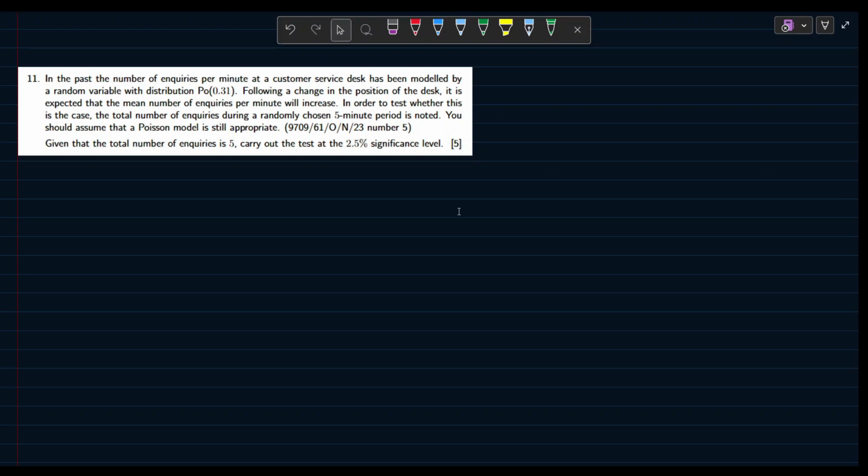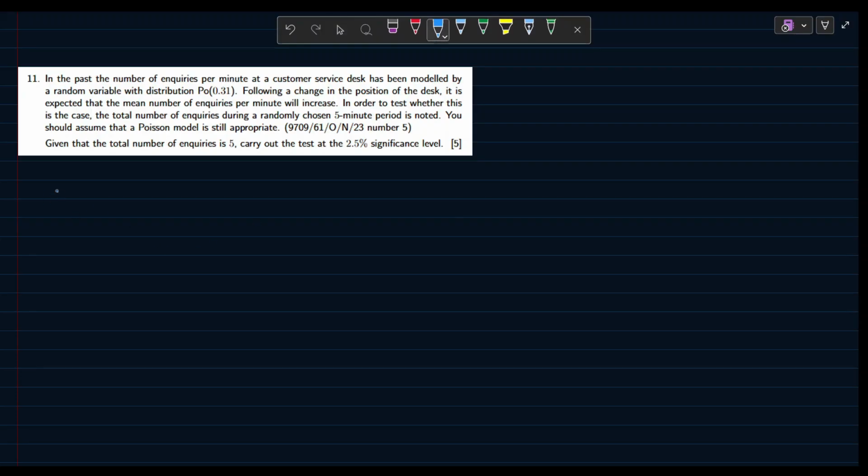In order to test whether this is the case, the total number of inquiries during a randomly chosen 5-minute period is noted. You should assume that a Poisson model is still appropriate. Given that the total number of inquiries is 5, carry out the test at the 2.5% significance level.